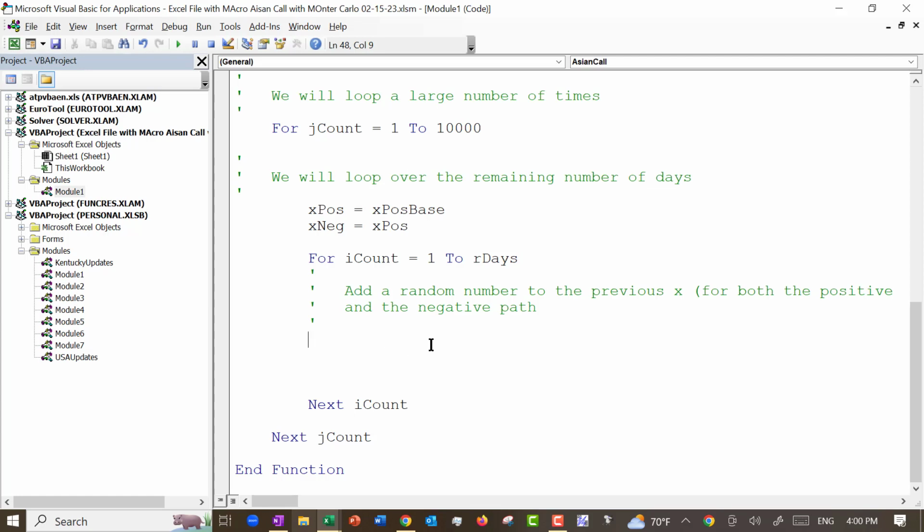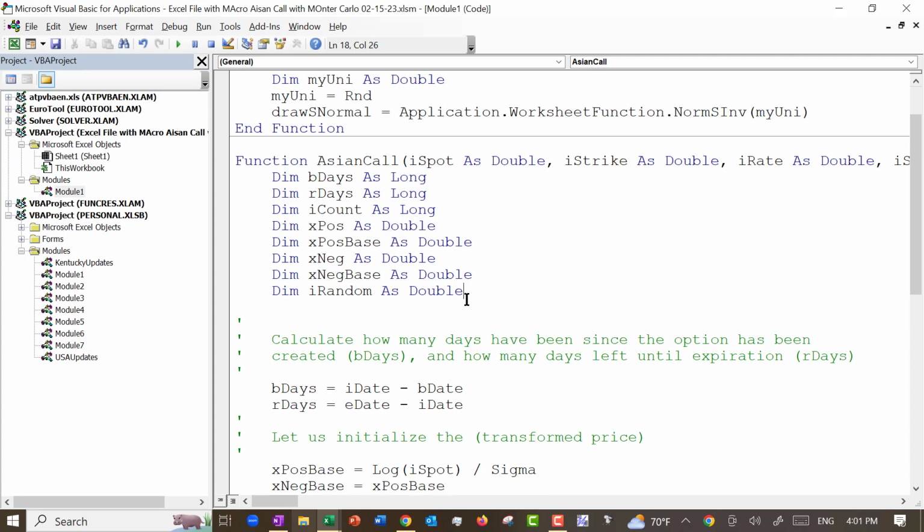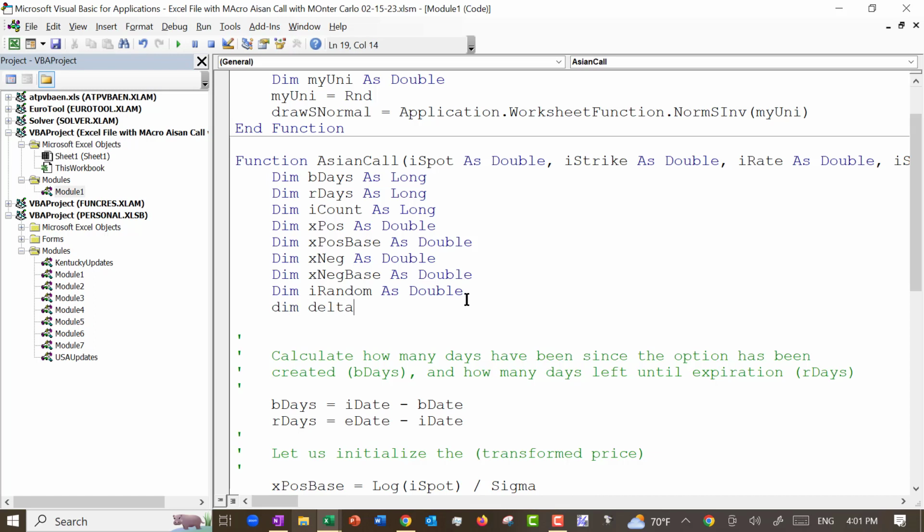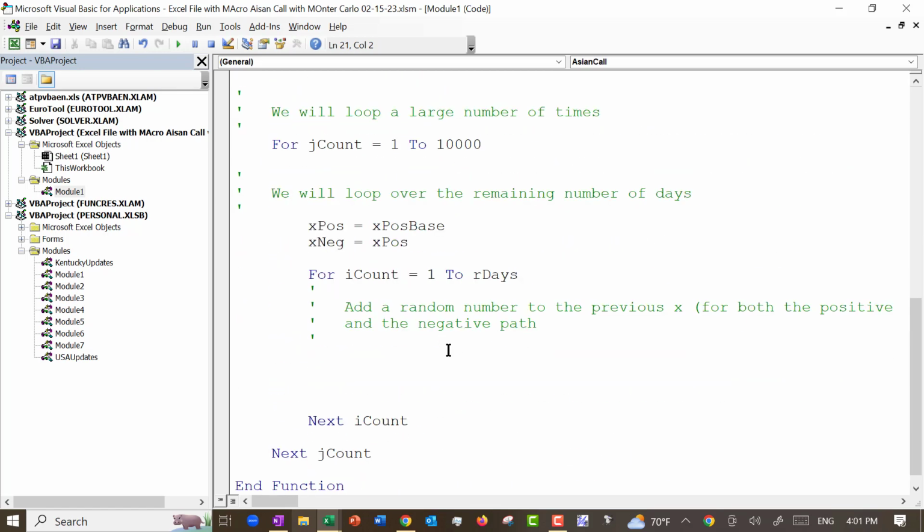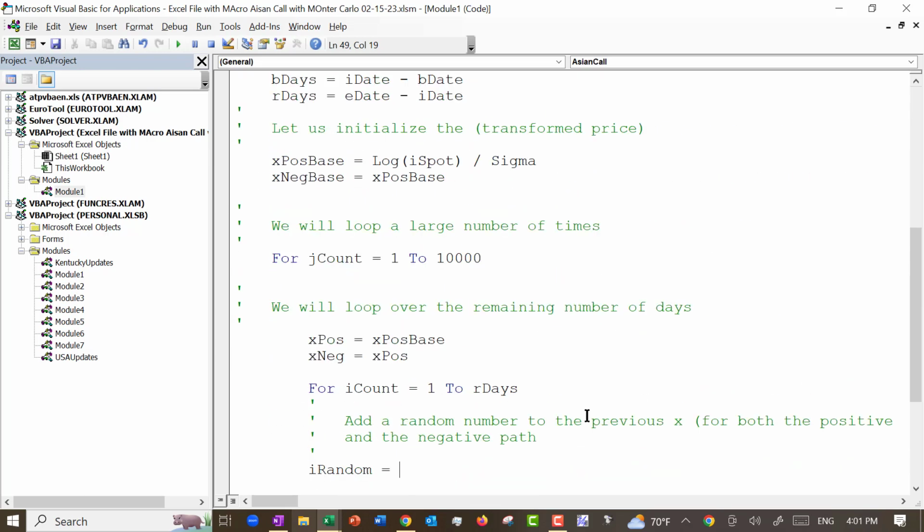Oh, we also need to do the following. Dim delta t as double. Draw as normal.